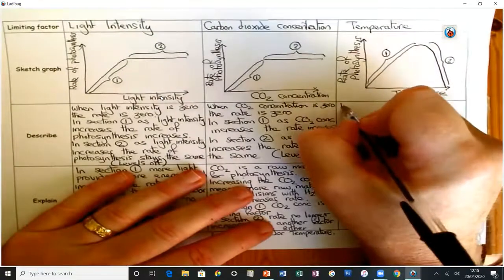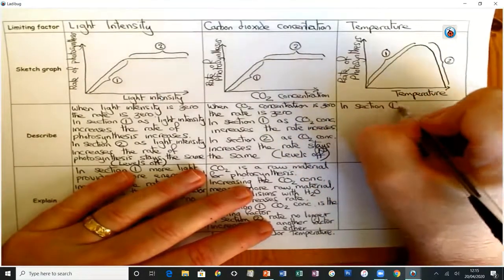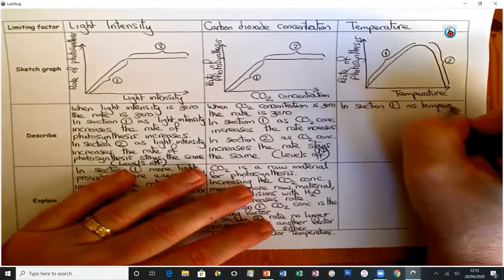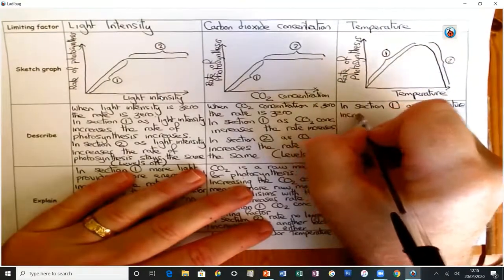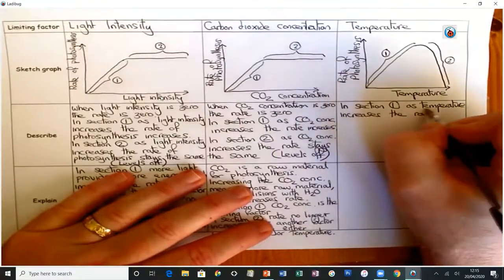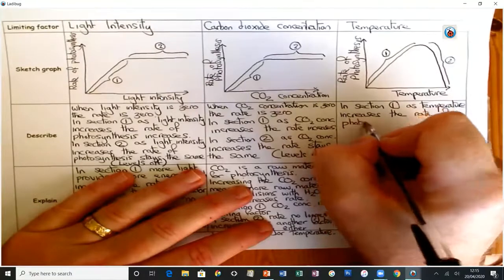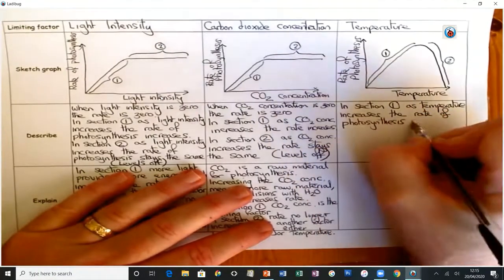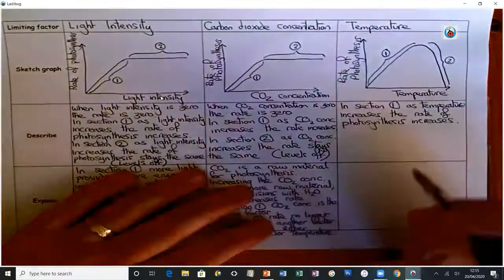So in section 1, as temperature increases, the rate of photosynthesis increases. So that's the first thing we notice.